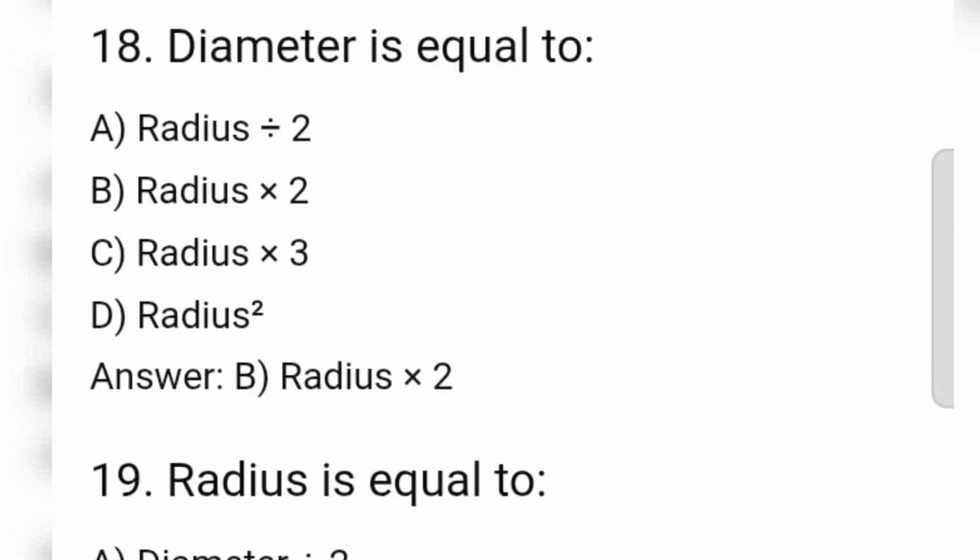Question number 18. Diameter is equal to A. Radius divided by 2, B. Radius into 2, C. Radius into 3, D. Radius square. Answer is B, radius into 2.